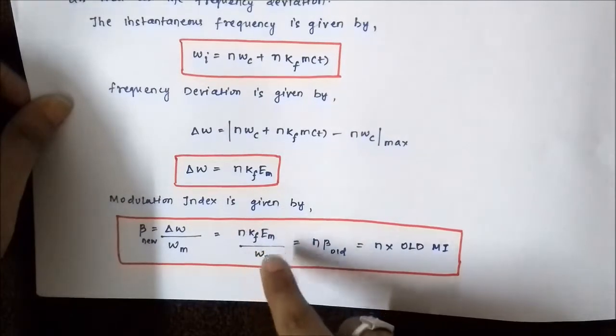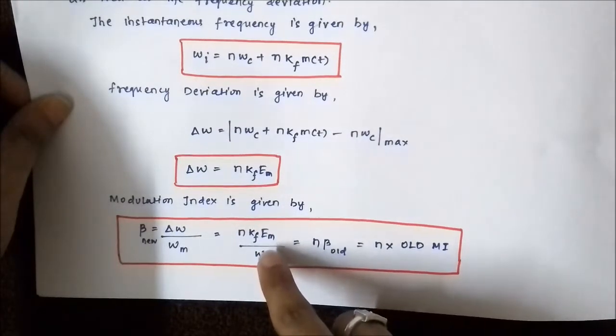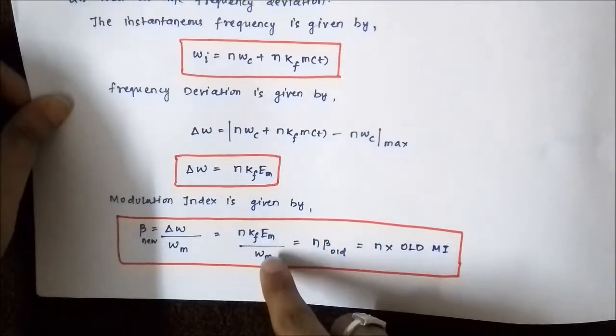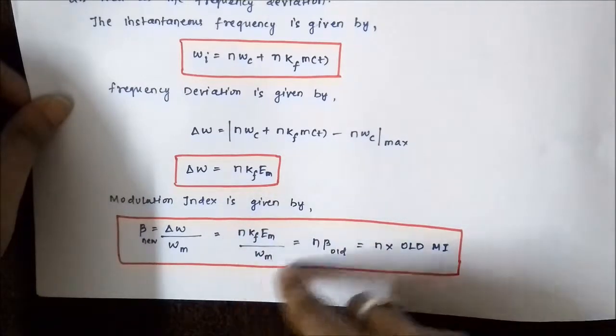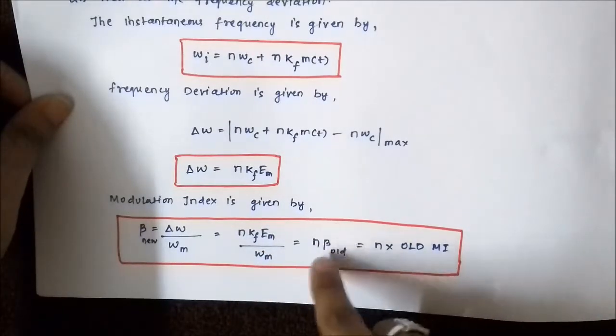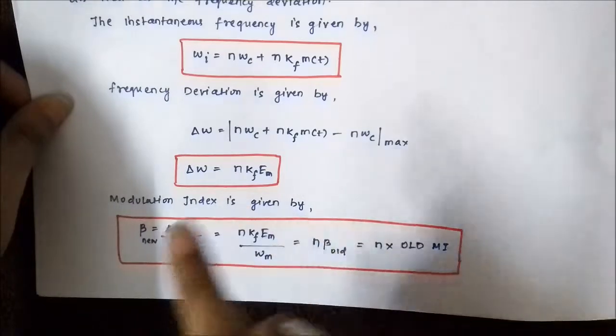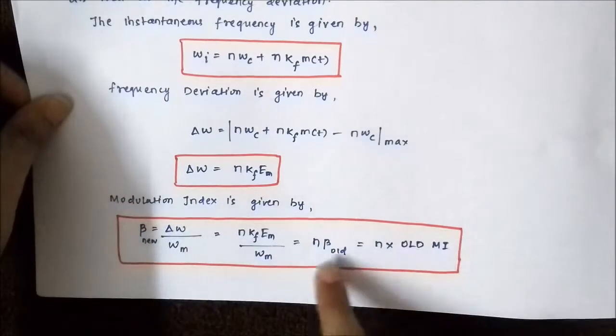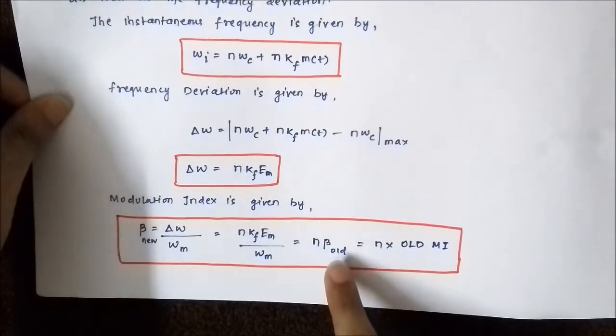Mark that kf Em by ωm is the old modulation index, the normal modulation index. So the factor n gets multiplied with the old modulation index. So the new modulation index is n times the old modulation index.